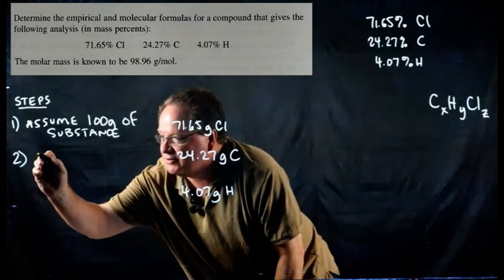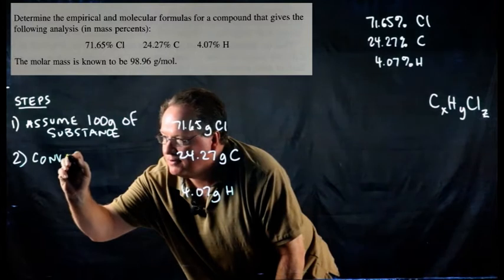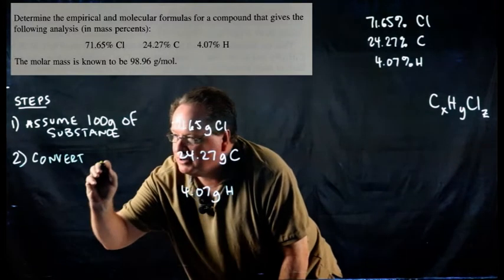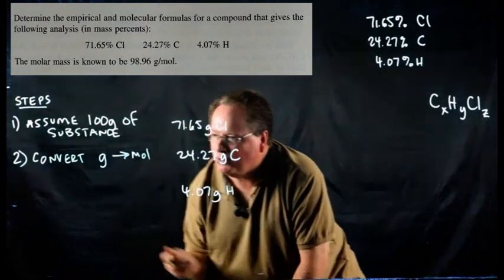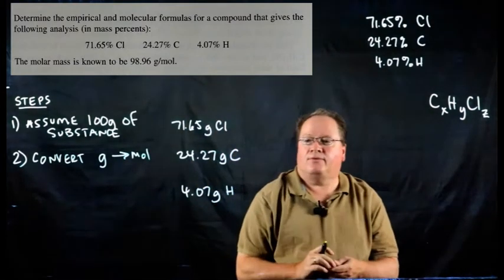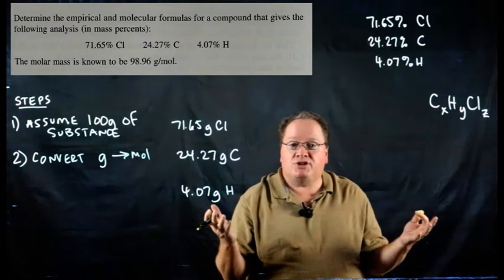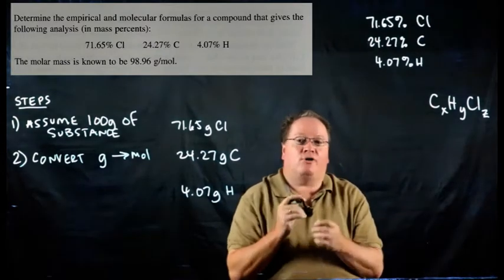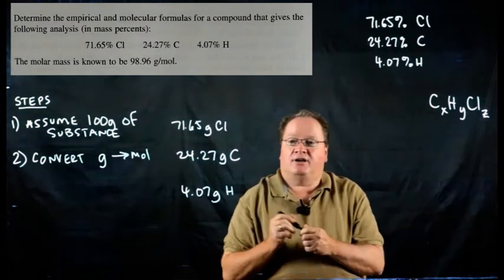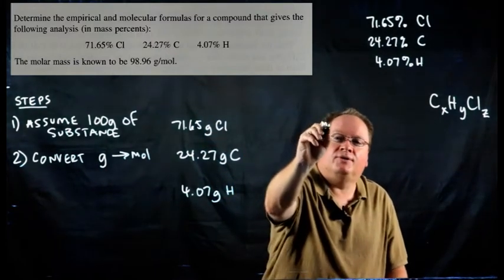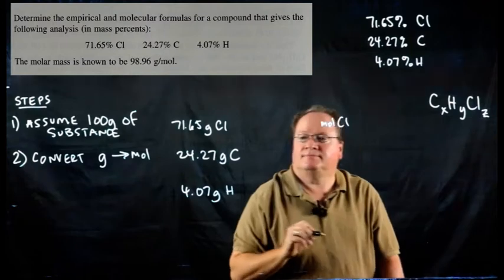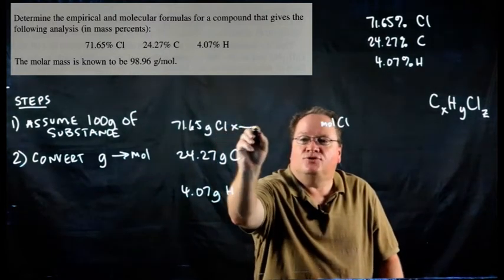Well, I need to convert from grams to moles. Okay? This is a pretty straightforward conversion that you guys have already done this year. If I want to go from grams of chlorine to moles of chlorine, I need to use molar mass.